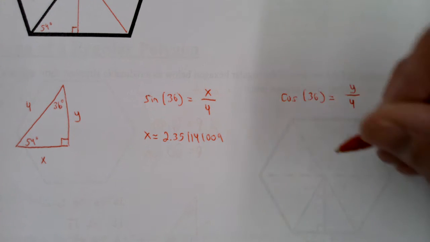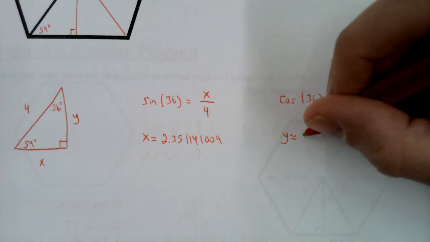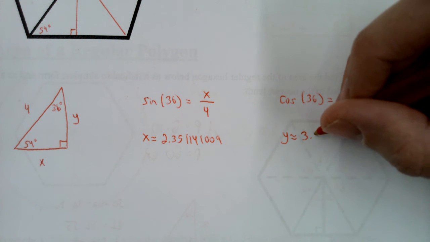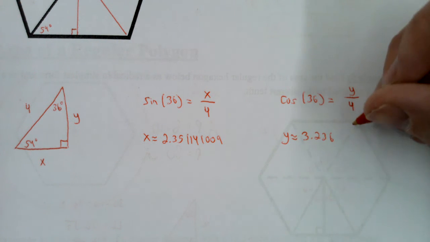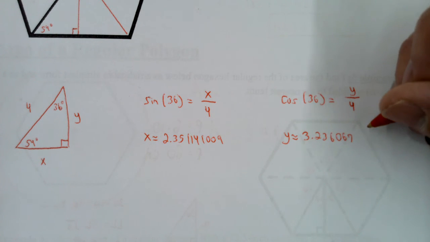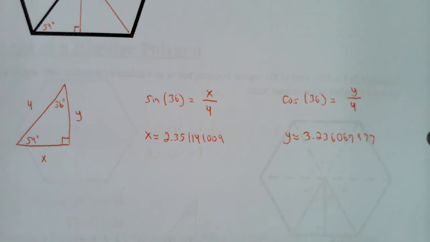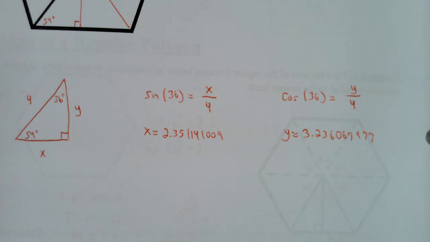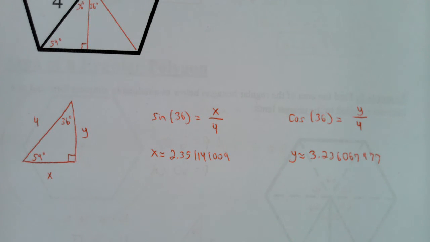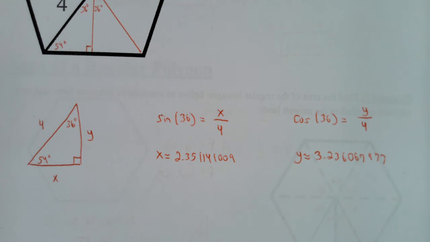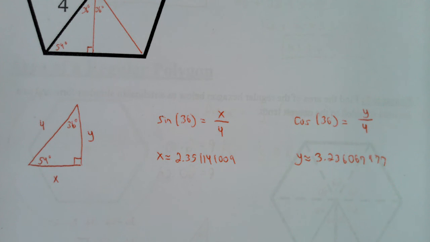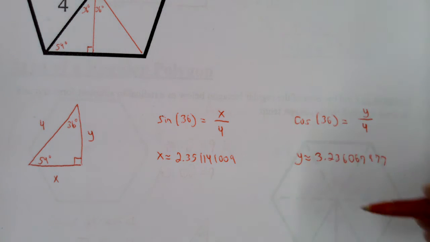You get Y is approximately 3.236067977. Now that is the apothem. Okay, this is the apothem. I'll jot that down.